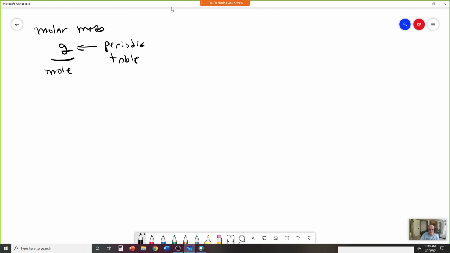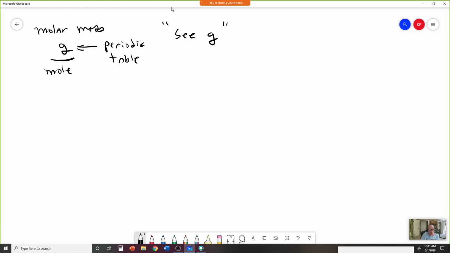And when are we going to use molar mass? We're going to use the molar mass anytime we see grams. Anytime you see grams, you're going to use a molar mass. This is our keyword. So let's do a couple of molar mass problems, and then we're going to put everything together with all that we have.